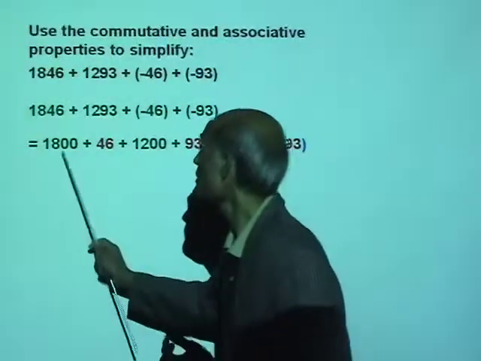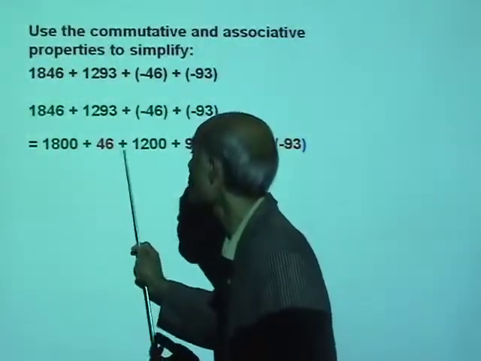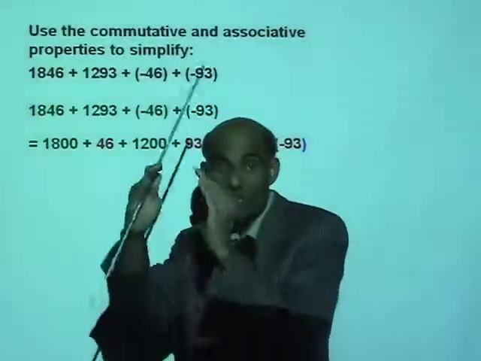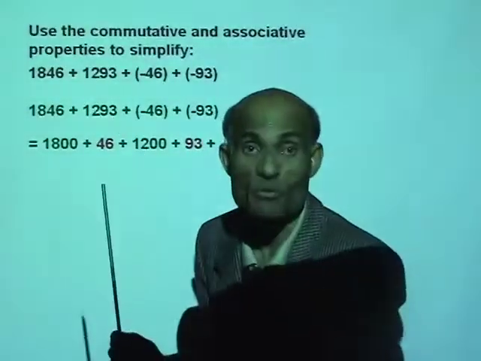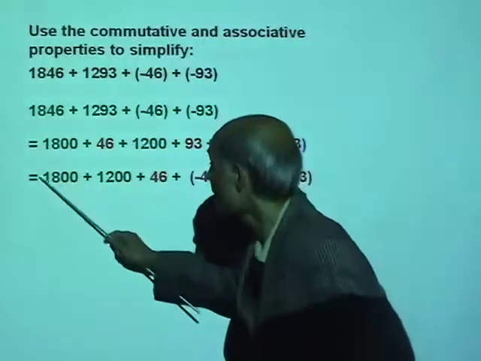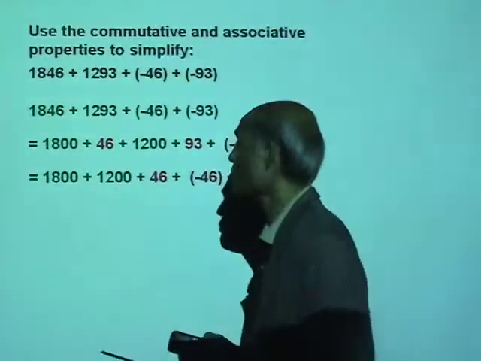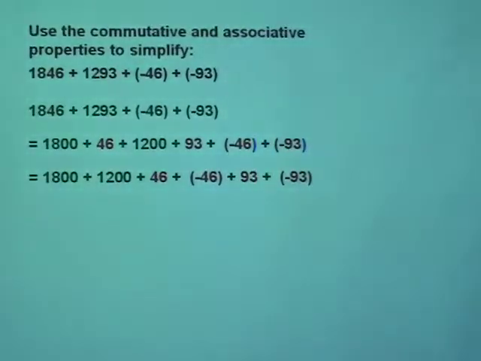In other words, we can now combine 1800 and 1200 together. You can associate those two together. Look at this. 1800 plus 1200. Well, let me put a parenthesis there just to show that we're going to associate that first.